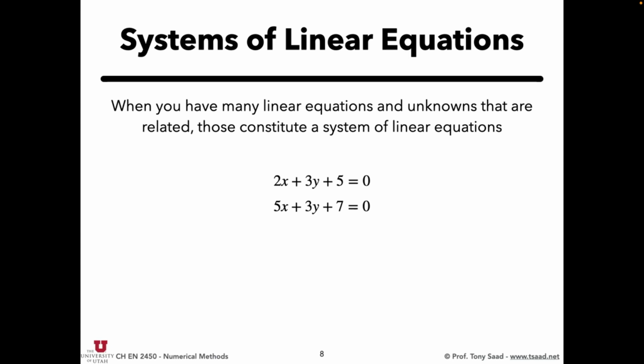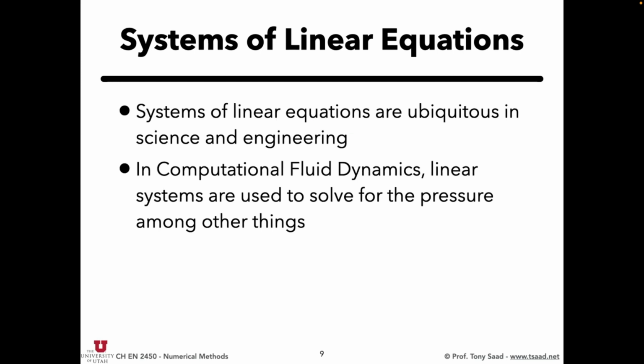If you remember your math, these are 2 equations and 2 unknowns, so they are well defined. We have enough information to solve for x and y. You can solve this by hand, but that's a system of linear equations. You could have 2 billion equations like that. It's still a system of linear equations, okay? Now, why do we need those? Because, as you're studying science and engineering, systems of linear equations are going to be everywhere.